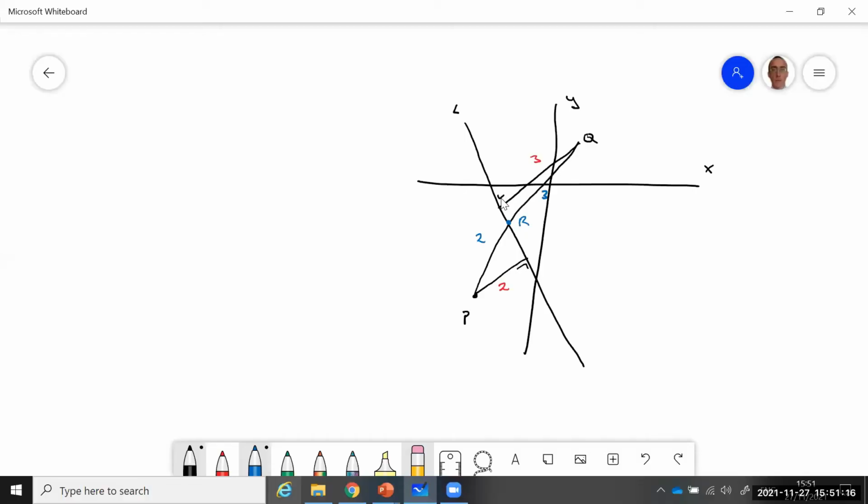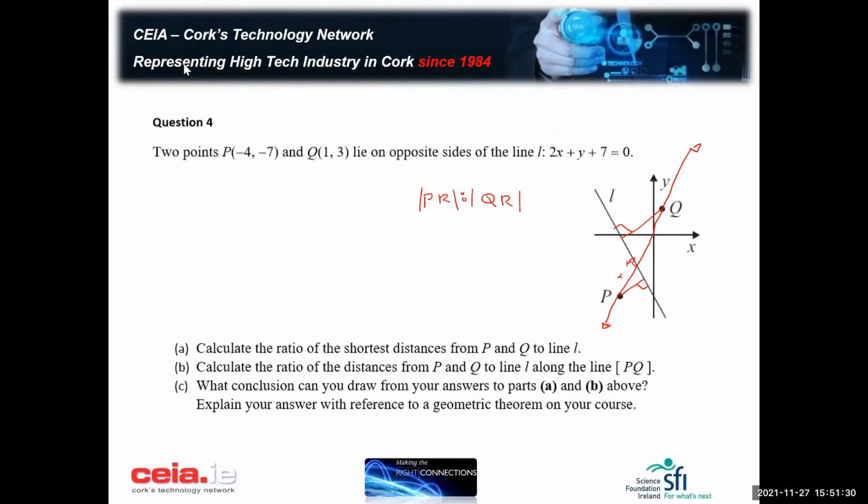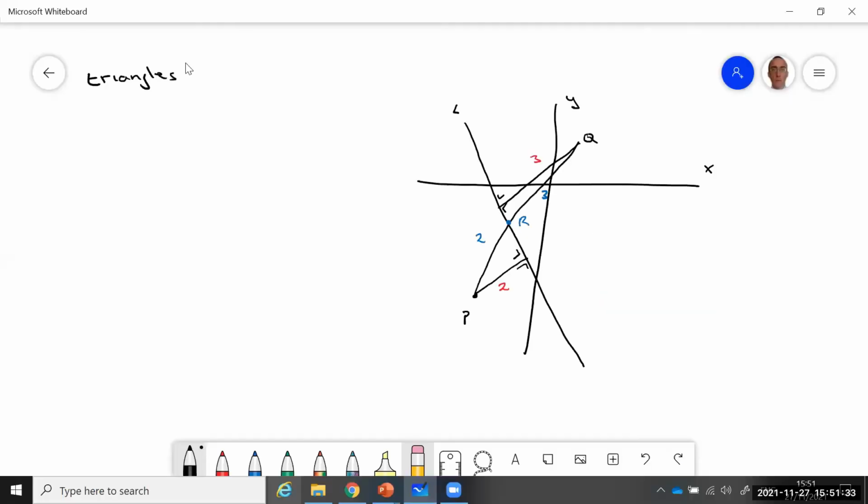So just to complete: let's call this point M and this point N. So triangles QMR and PNR are similar, because their sides are in proportion.